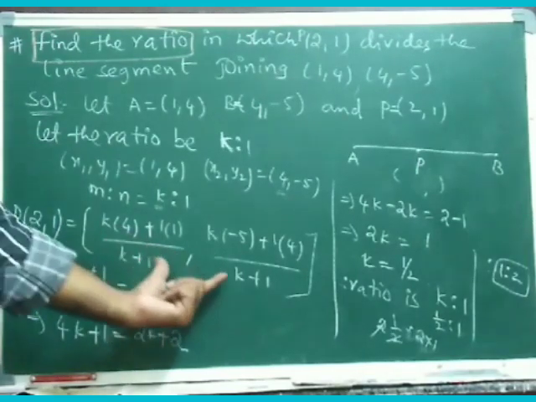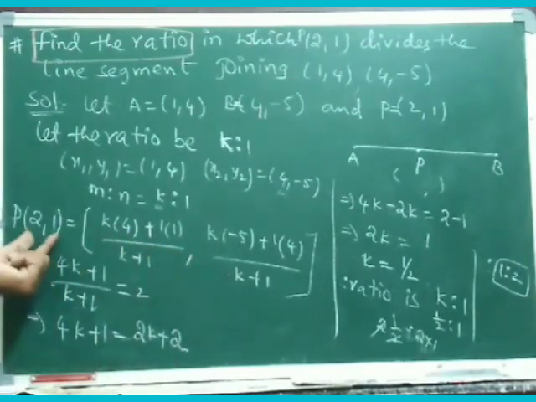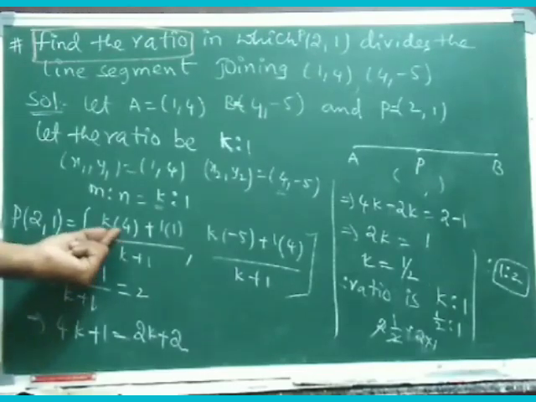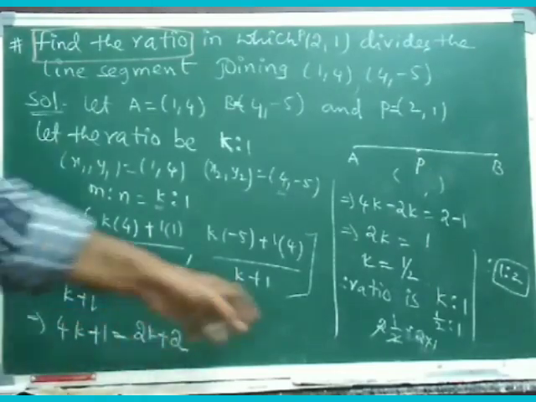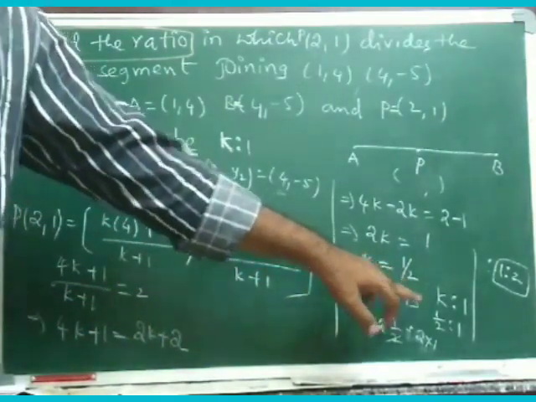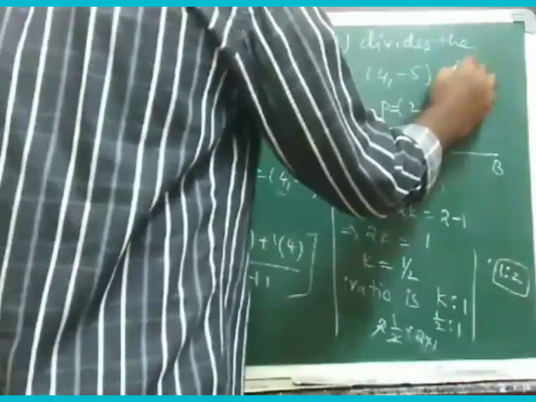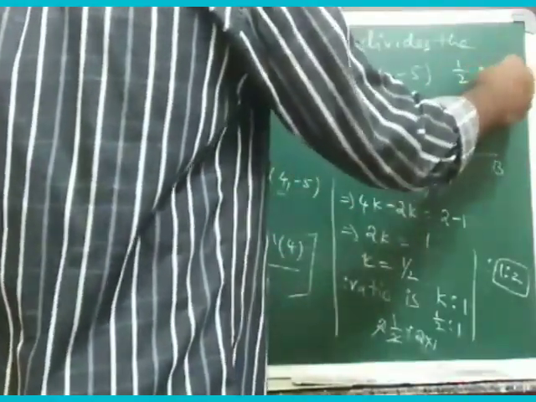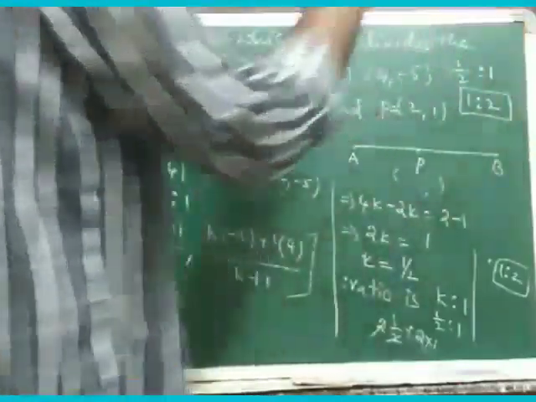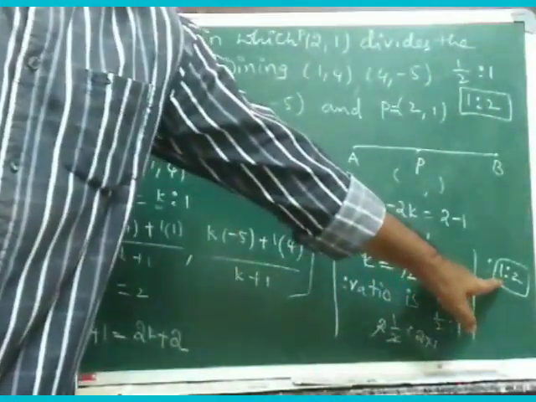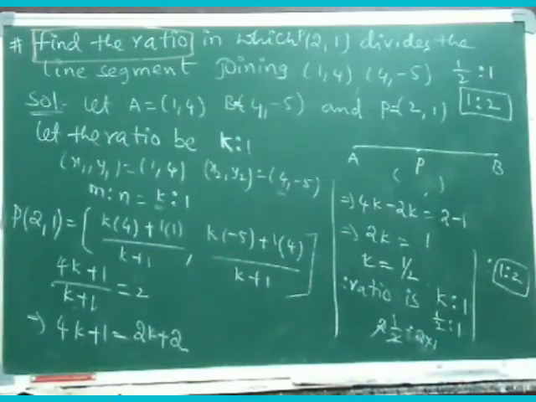And go for the section formula. Here definitely the point will be provided to you. So you can equate either the x coordinate or the y coordinate and solve for k. What we got is k = 1/2. Actually you can write like this: k is to 1, that is 1/2 is to 1. Go for cross multiplication, that is 1 is to 2. So the answer is, the ratio is 1 is to 2.